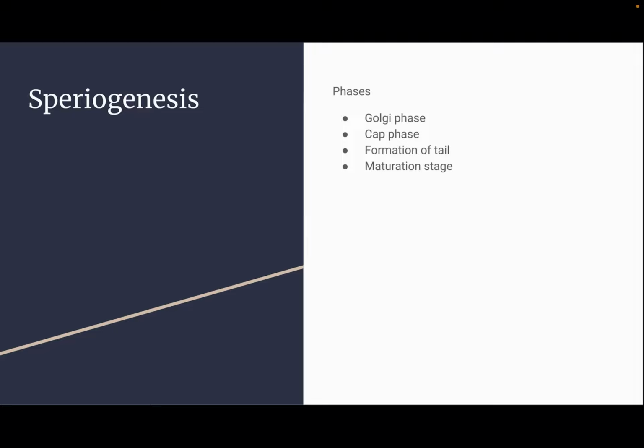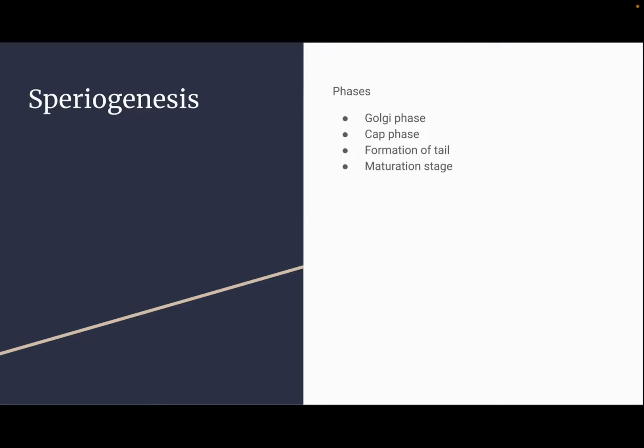For spermiogenesis, there are four different phases, as you can see here on the slide. We have the Golgi phase, I'm sorry for my pronunciation. We have the cap phase.